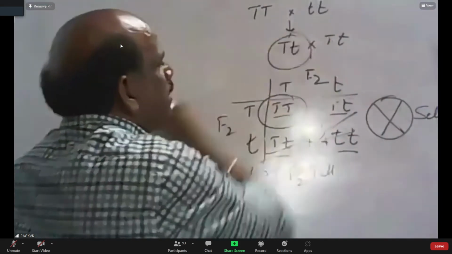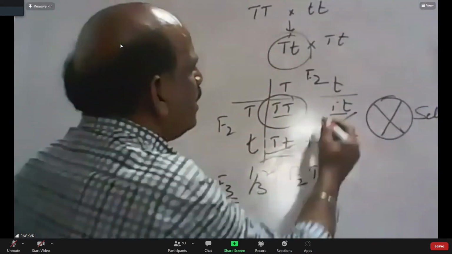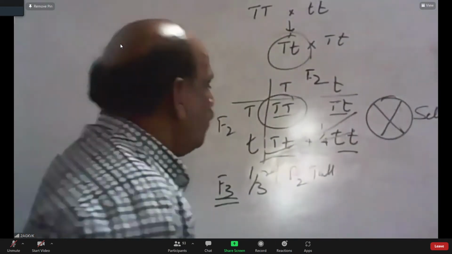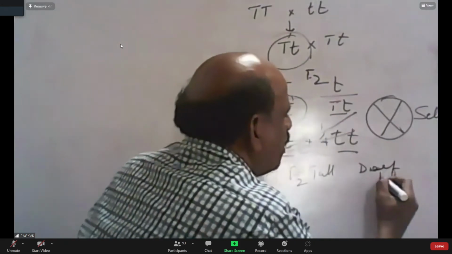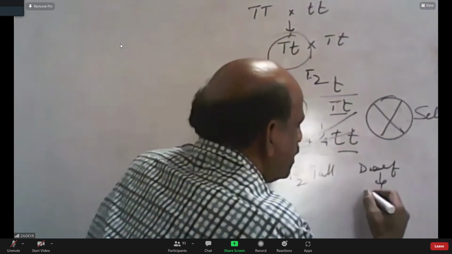And all of the dwarf plants produced progeny that were dwarfs.